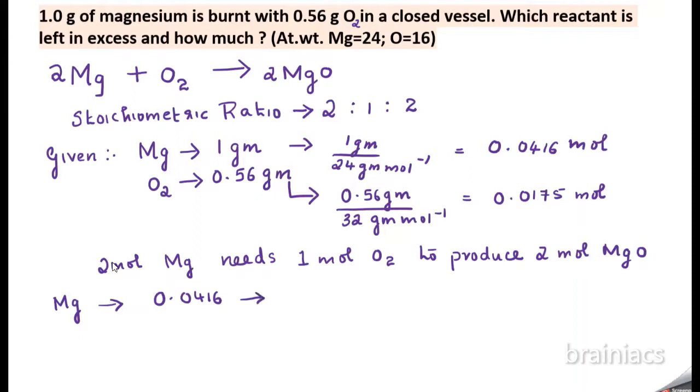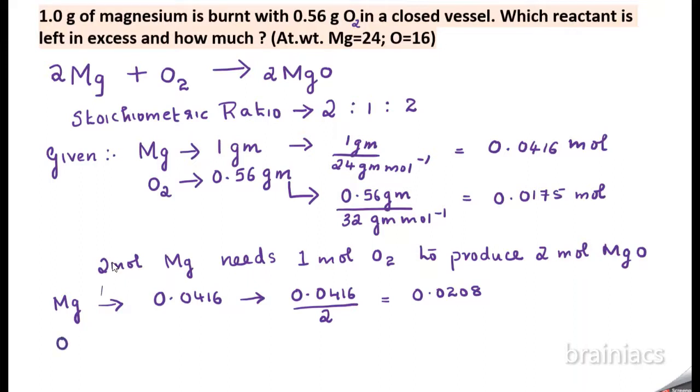Divide by the stoichiometric coefficient, which for magnesium is 2. So how much will it come? 0.0208. Correct.